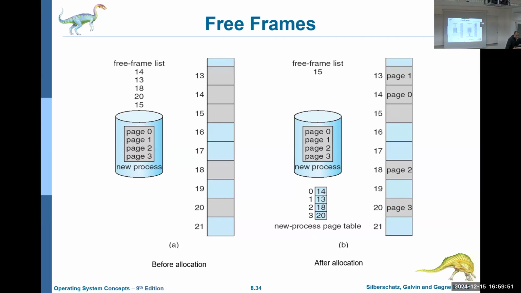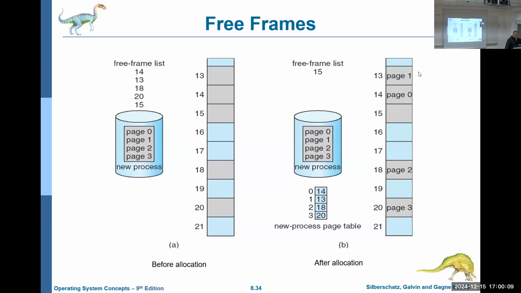So what is this? Free frame list. So here's our free frame list. You see it's 13, 14, 18, 20, and 15. A new process comes along and says, I want 4 pages.